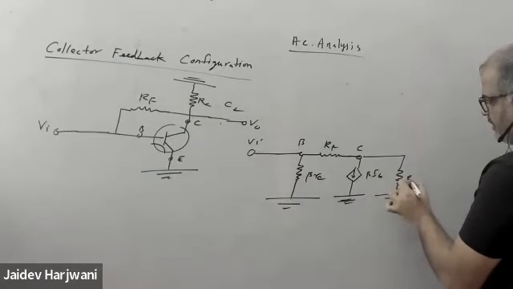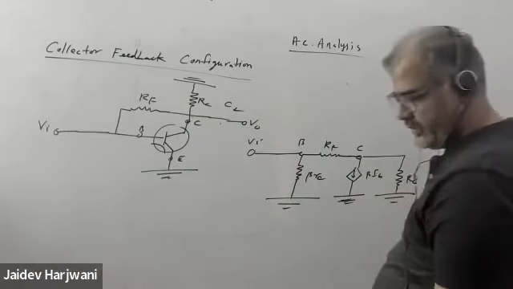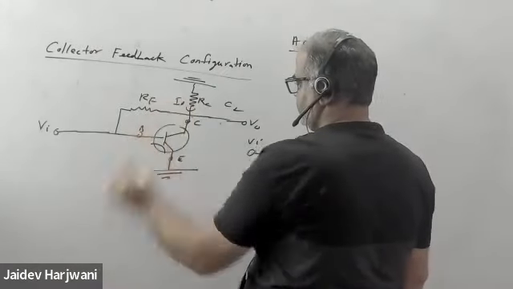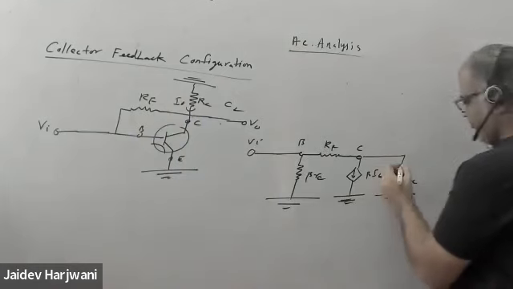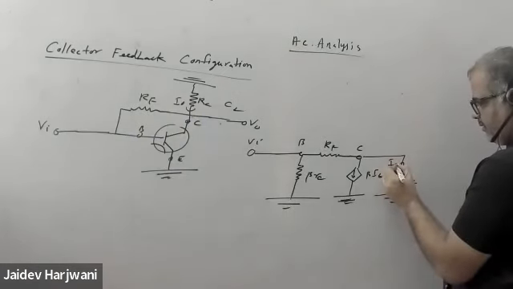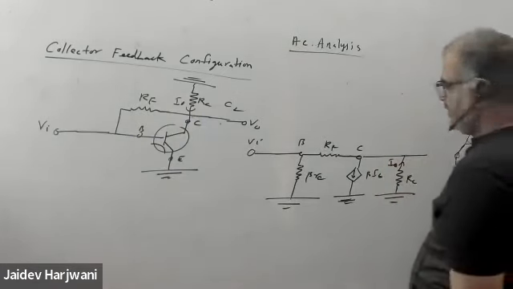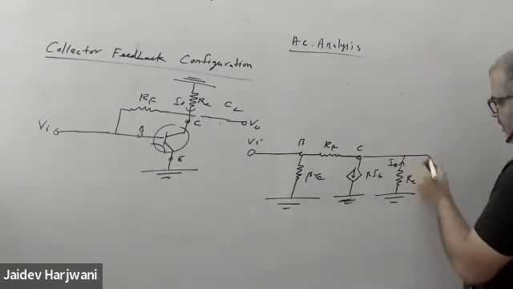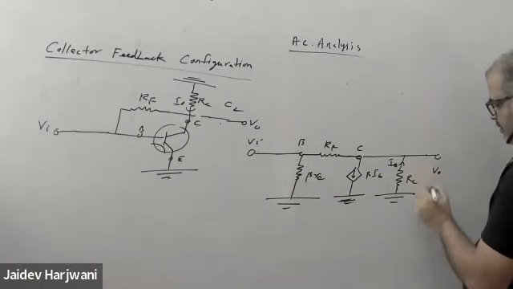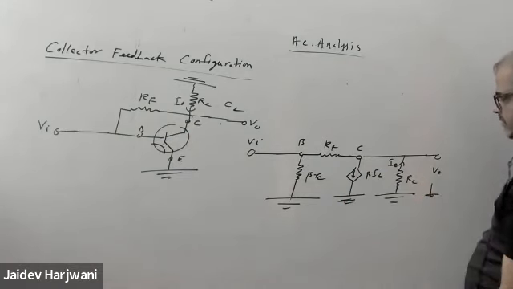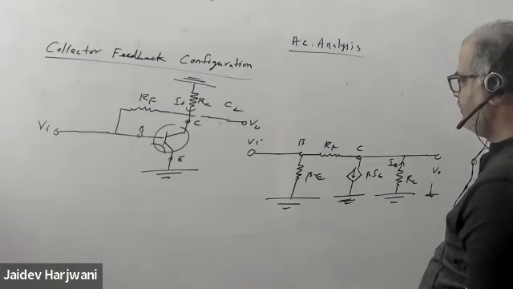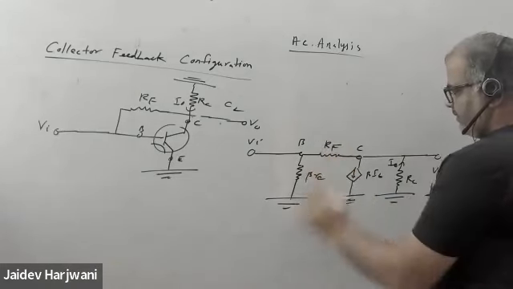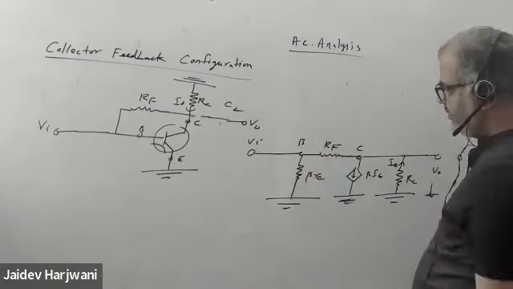This is your RC. And if current I0 is coming here, this I0 current flows again from here. And V0 I am taking across C and ground. Now this resistance is there, so this will create a problem in calculating the parameters.